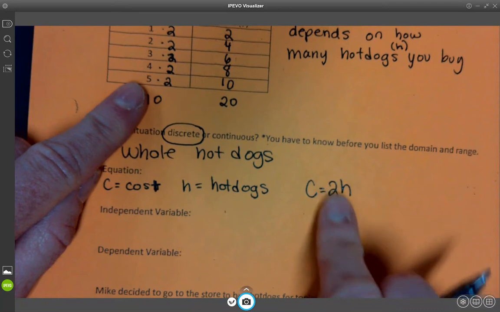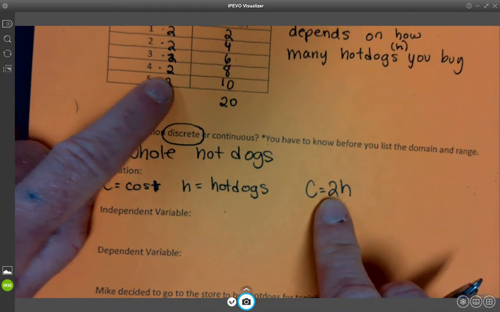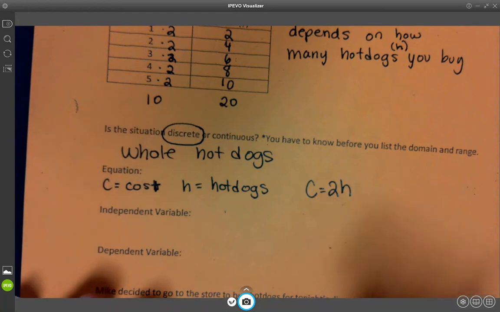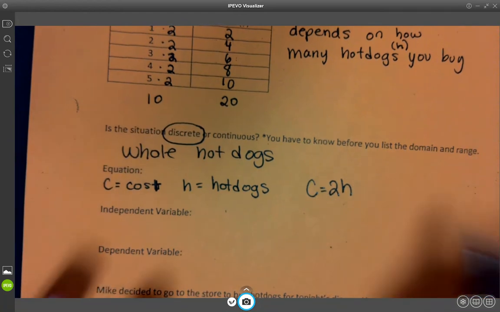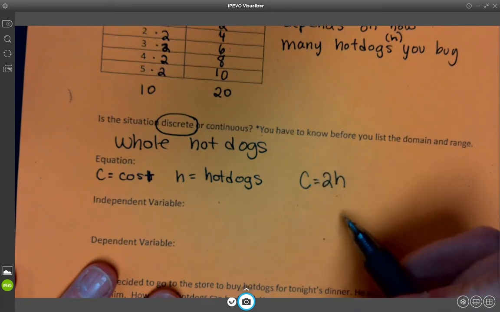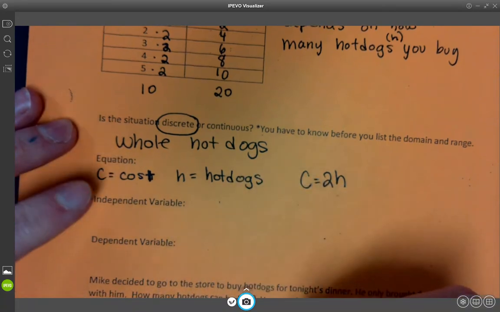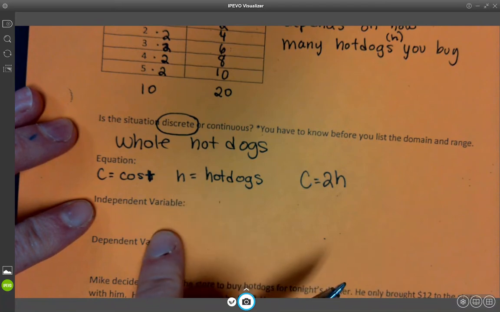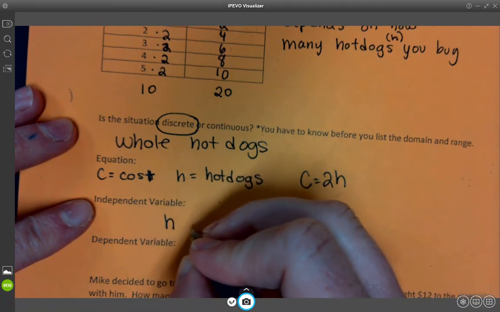Because that's all we did, right? We looked at how many hot dogs we had. So 5 multiplied by 2 to get the $10. You could write it either way, but usually in math, we want to put the number first, kind of like a coefficient, and then the variable second. Okay, so H is our independent variable because we can buy however many hot dogs we want.